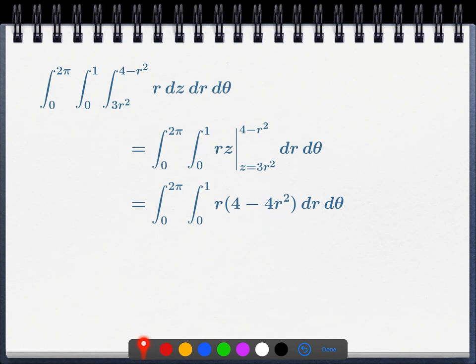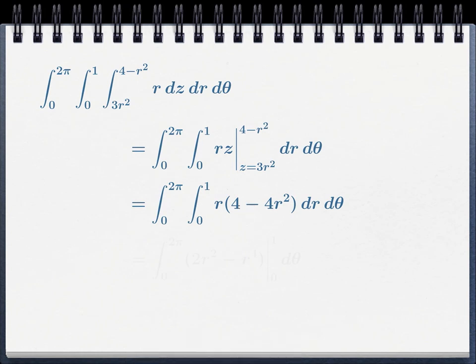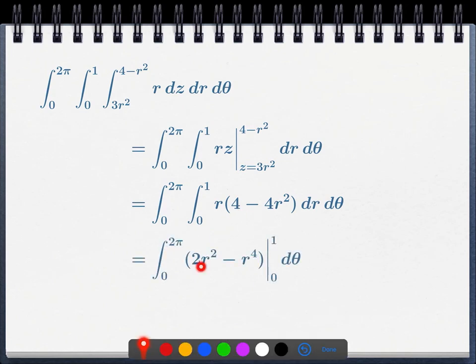When we integrate that, we get r to the fourth. The derivative of r to the fourth is 4r cubed with a minus sign. So when we integrate this, we should have 2r squared, because the derivative of that's 4r, and a minus r to the fourth, because the derivative of that's going to be minus 4r cubed. We want to evaluate this from 0 to 1. I plug in 1, I get 1. I plug in 0, I get 0.